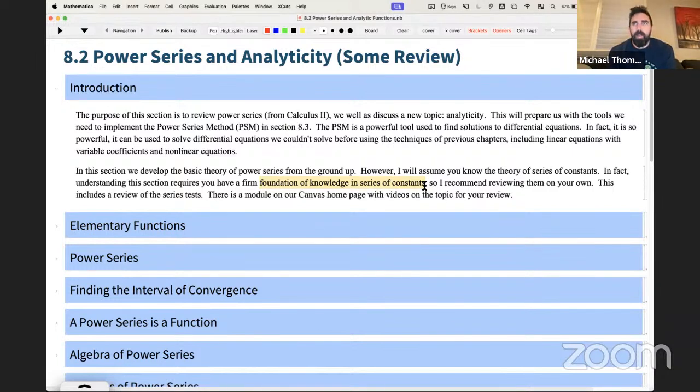You want to review those, like the divergence test, comparison test, limit comparison test, ratio test, integral test, all that stuff, and it'll be peppered throughout the rest of the sections that we cover in the class. So you'll want to have an understanding of what we're talking about when we get to those, because I'll just say, oh, by the divergence test, this happens.